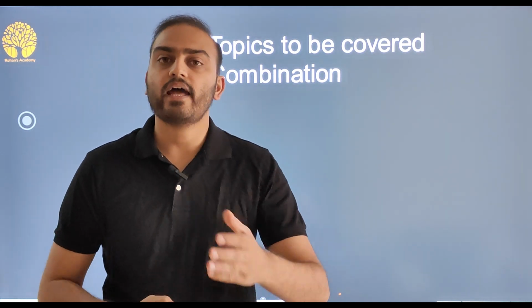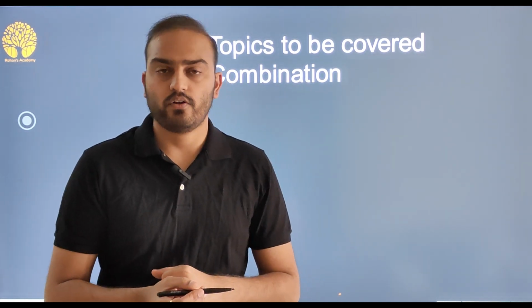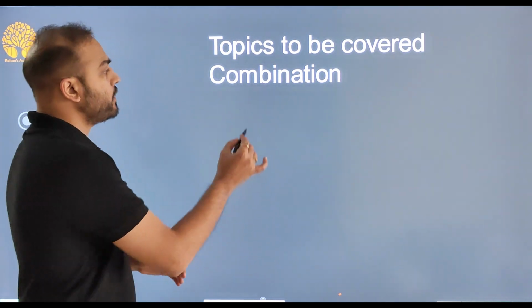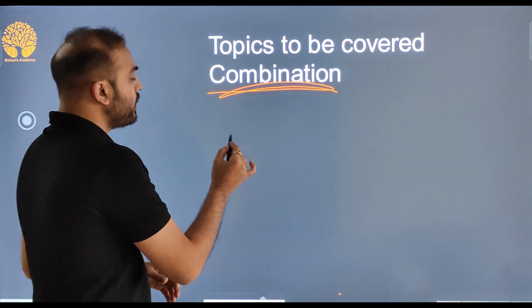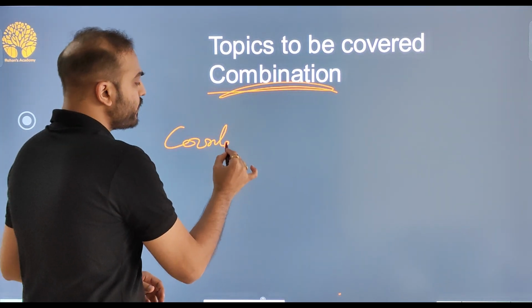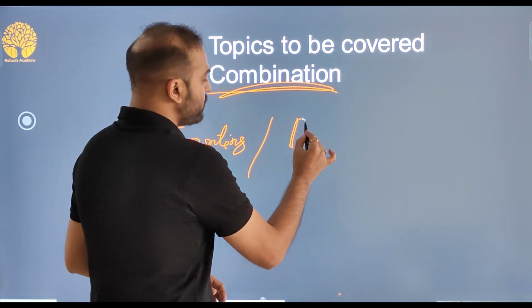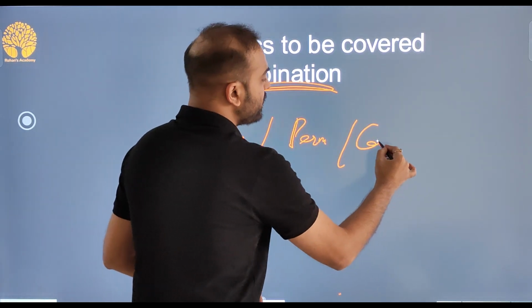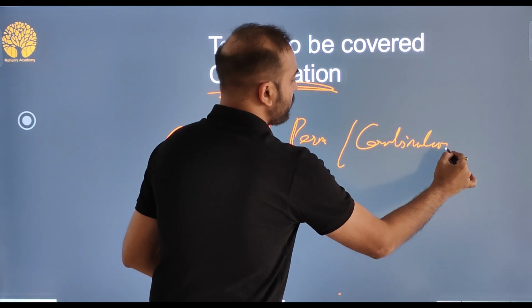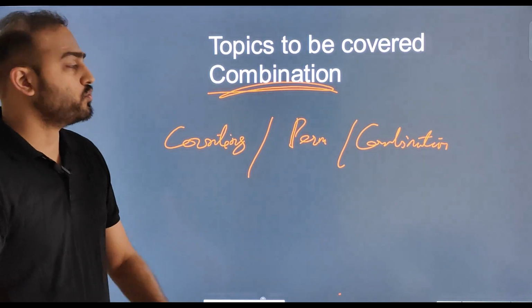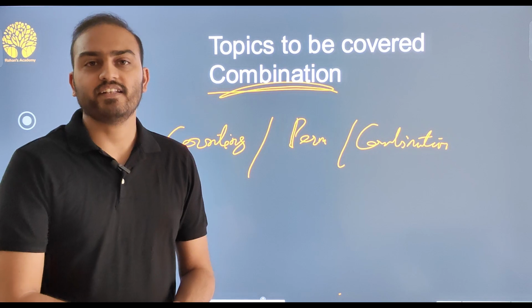If you understand that, 50% of the question is done. Remember, combination is still left. We have done counting before this video, we did permutation in this one and combination in the next one.